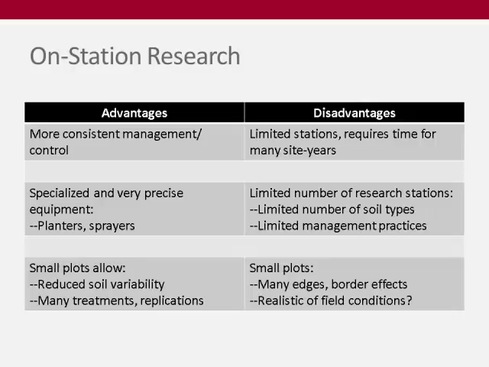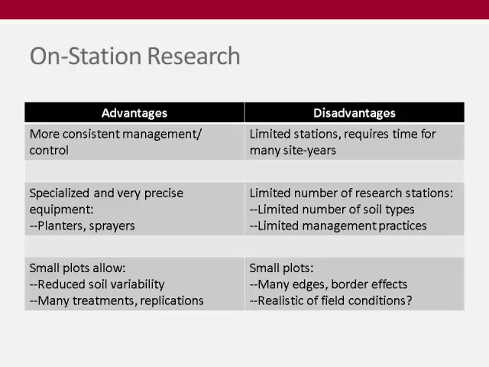So if we just spend a minute or two thinking about what's good about on-station research and maybe what's bad about it. I would say that because, trust us, we're trained professionals, there's a lot more consistency and control and management. We often have very fancy toys, so we can get really well-calibrated rates or planting populations or fertility rates, etc. And then this is an important one, small plots.